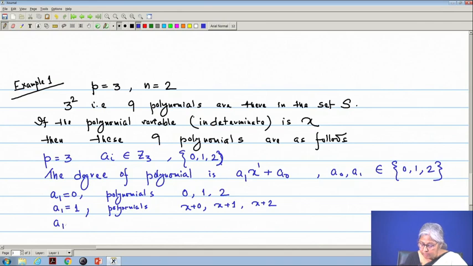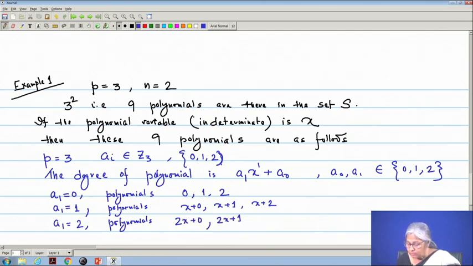Now, for a1 equal to 2, the polynomials are 2x plus 0, 2x plus 1 and 2x plus 2. So, these are my 9 polynomials.